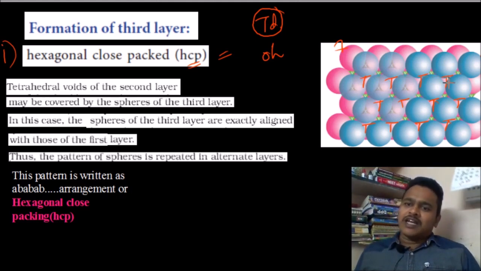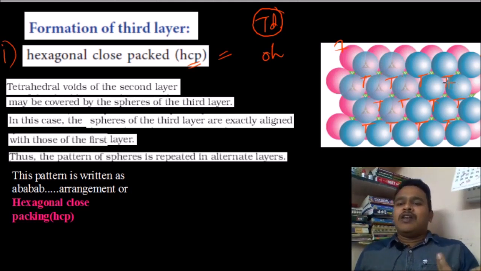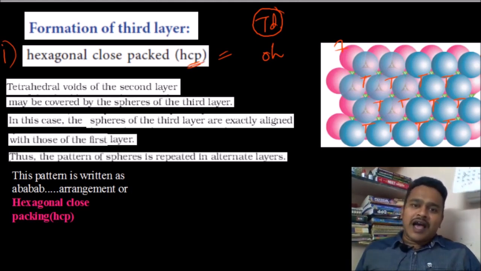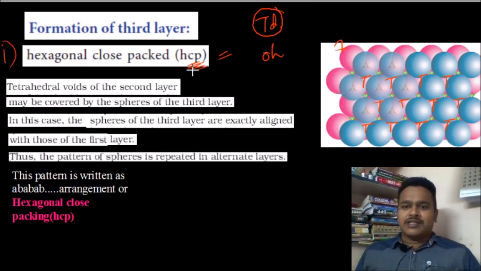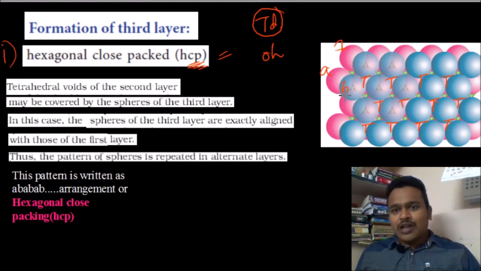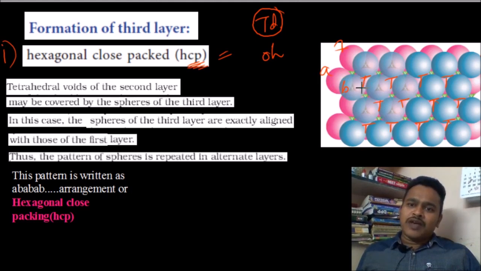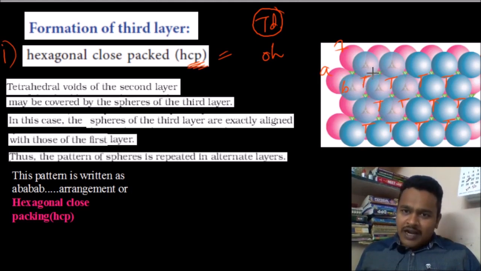That other set of spheres covering these tetrahedral voids will form the third layer in HCP manner. First layer you can consider A, second layer B, and the third layer I am going to arrange as C. Where do I have to arrange it? In this tetrahedral.